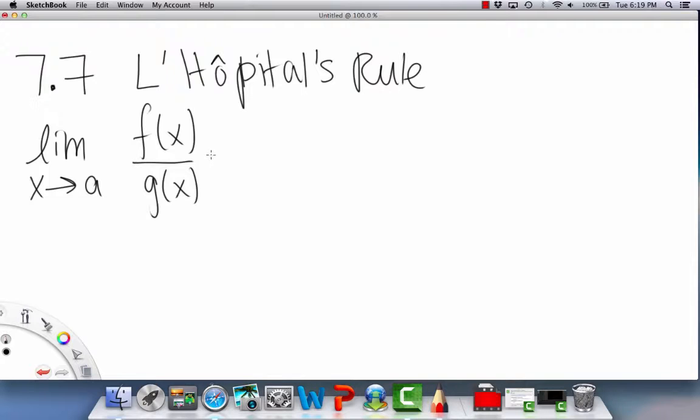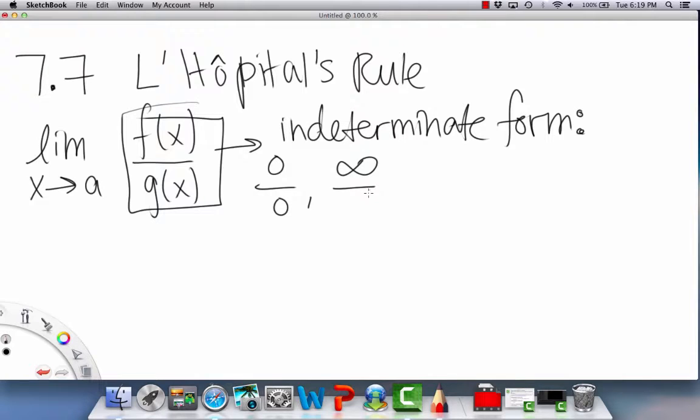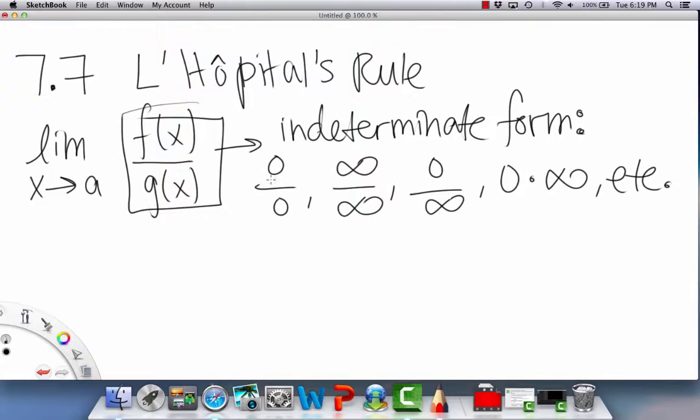So what L'Hopital says is that when f of x over g of x has an indeterminate form, so indeterminate forms include anything such as the following: 0 over 0, infinity over infinity, 0 over infinity, the other way around, 0 times infinity, and etc. Basically, whenever you have zeros and infinities, some kind of combination of them, then it's indeterminate.